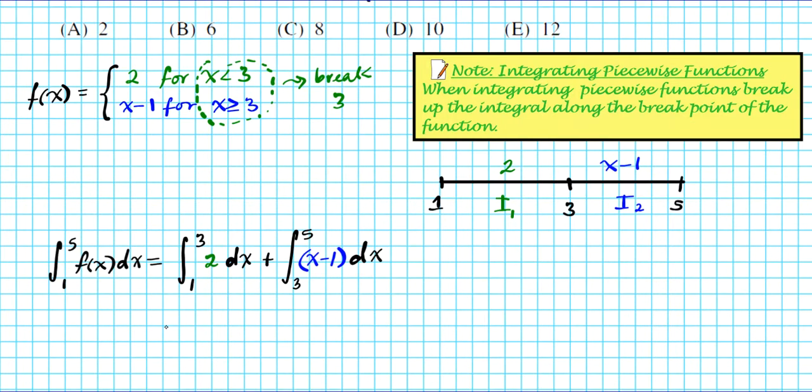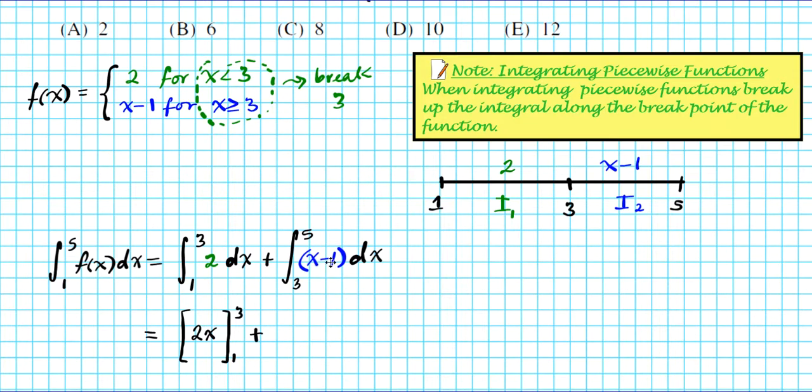Alright, so let's integrate the first one. The antiderivative of 2 is just 2x using the power rule, and we evaluate that from 1 to 3. Then we go to the next integral.